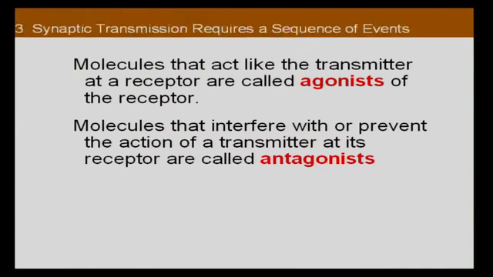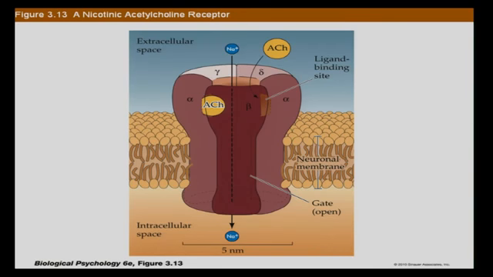letting chloride in. Now, molecules that interfere with or prevent the action of the transmitter at its receptor are called antagonists. Antagonists to this receptor may fit right in here, but at the same time they're fitting in here, they block the sodium channel. So this receptor becomes moot. It's not working anymore.